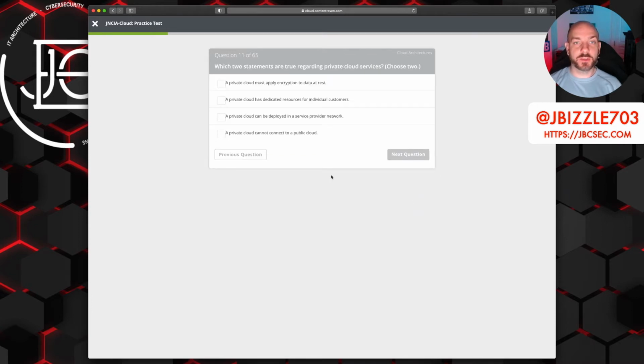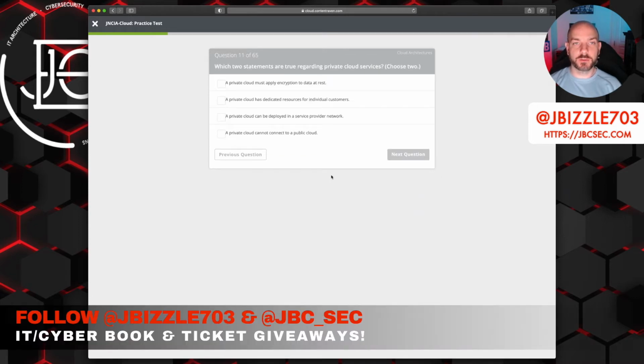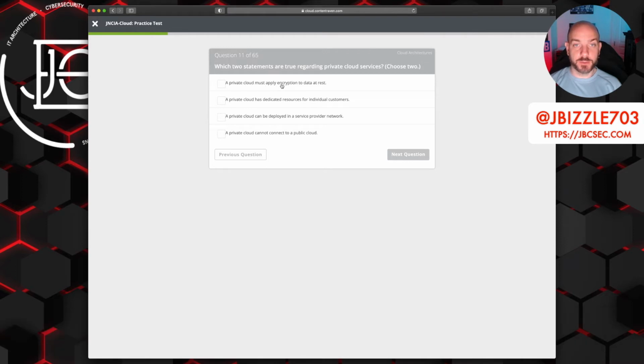Which two statements are true regarding private cloud services? Choose two. A private cloud must apply encryption to data at rest. A private cloud has dedicated resources for individual customers. Remember, private cloud doesn't have individual customers. Private cloud can be deployed in a service provider network.